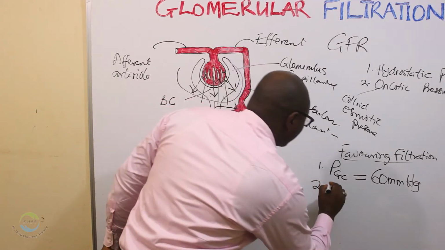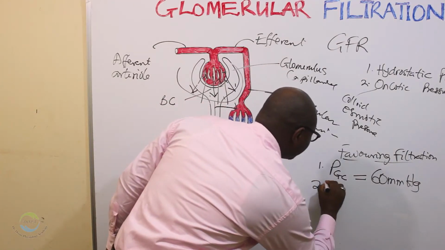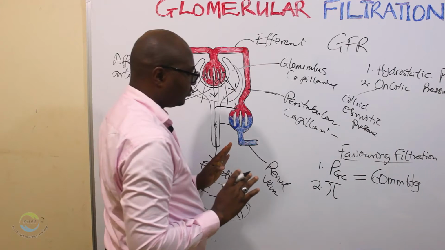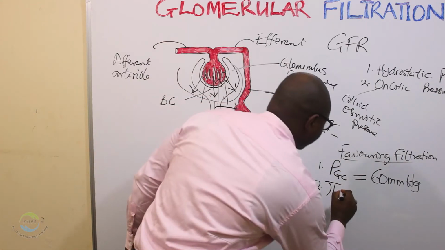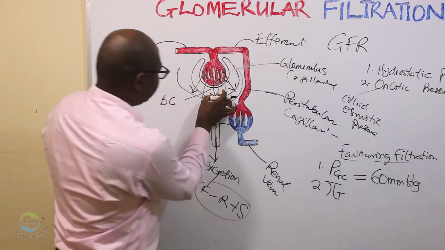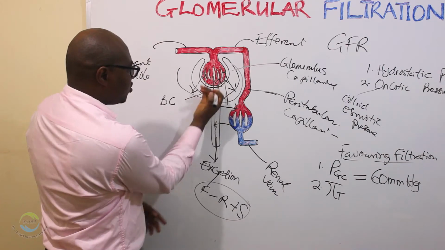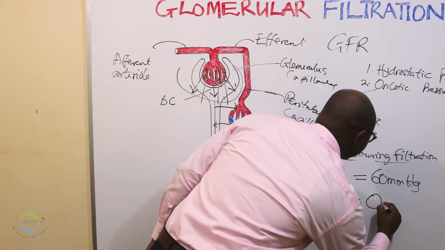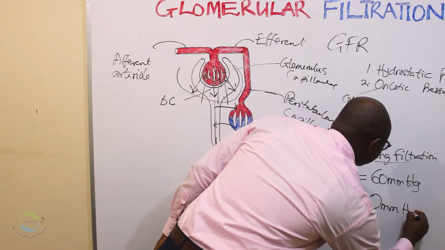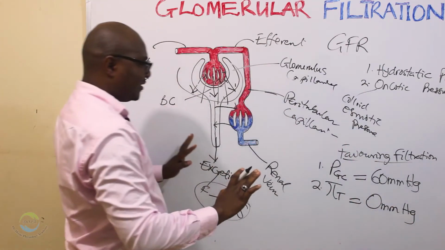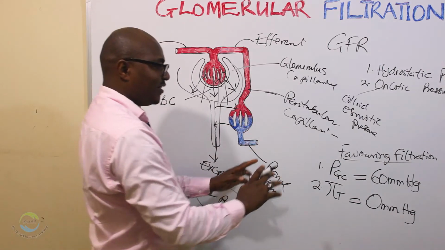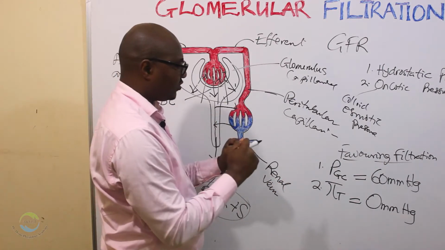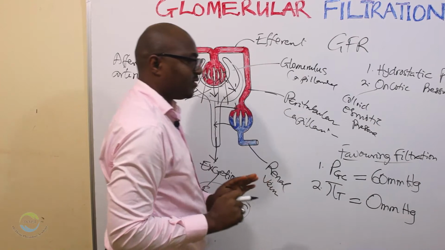Okay? So oncotic pressure, we usually use this symbol, pi, of the tubule. It's supposed to favor filtration, but unfortunately it's 0. So altogether, the force that favors filtration is 60.